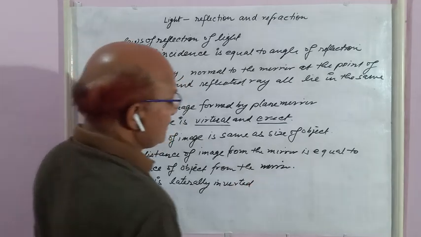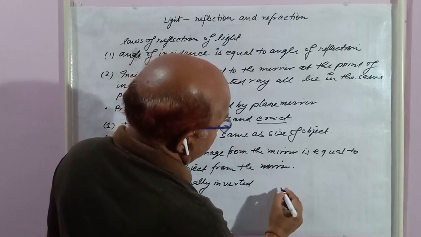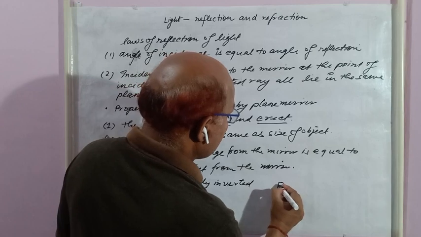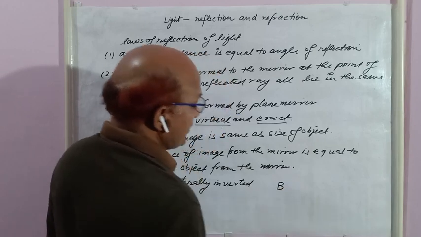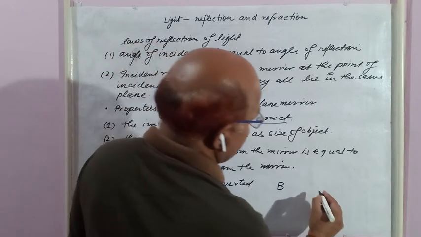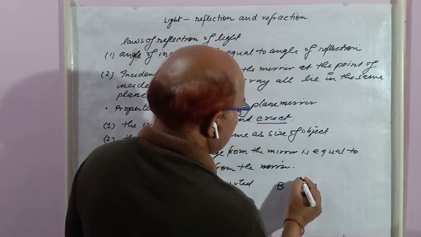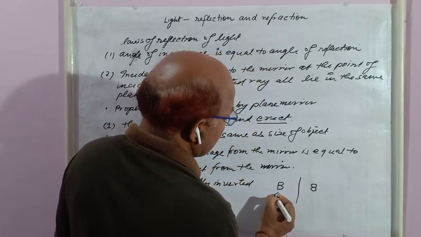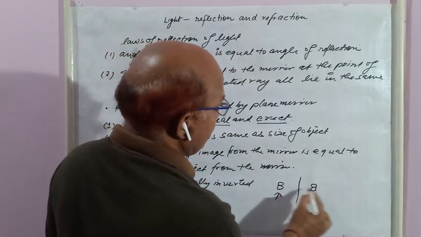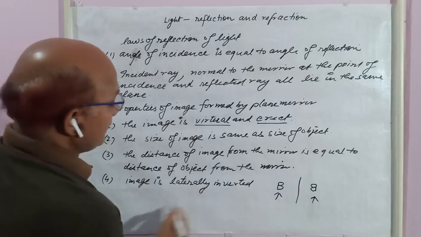Laterally inverted means just like if you keep the letter B in front of the mirror, its image will be like this. So this is object and this is image. So this is lateral inversion of image. So image is laterally inverted.